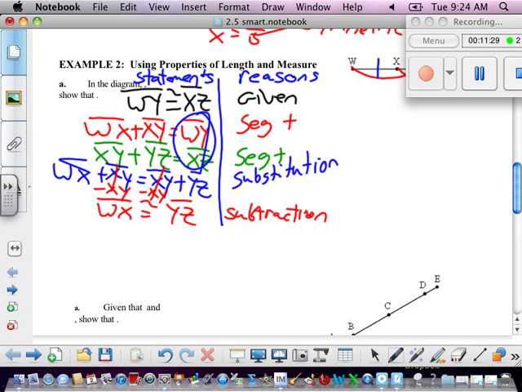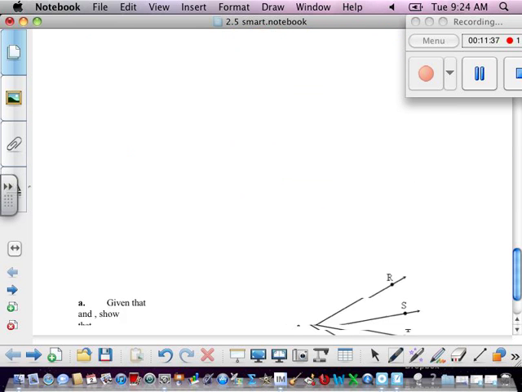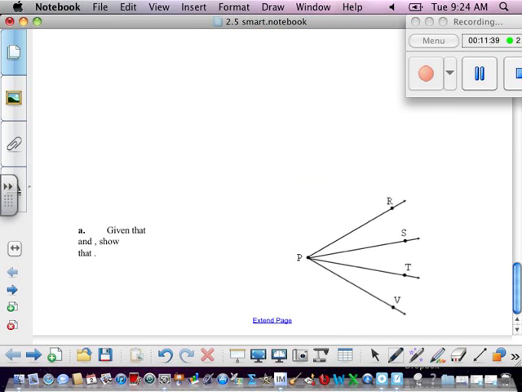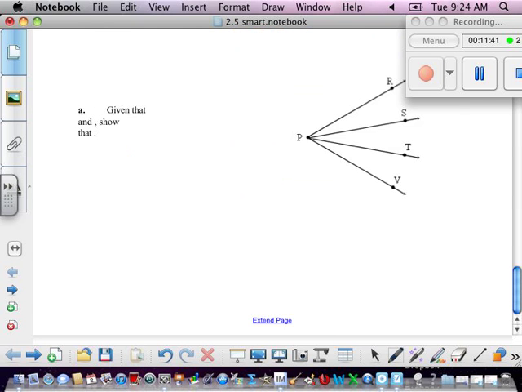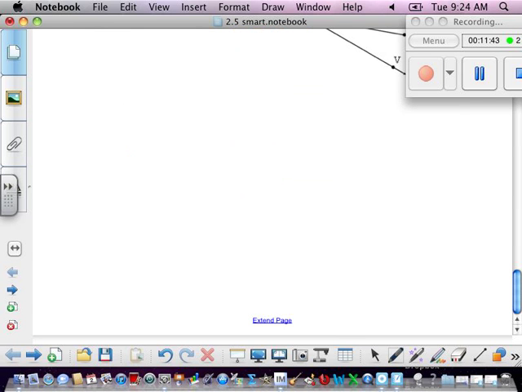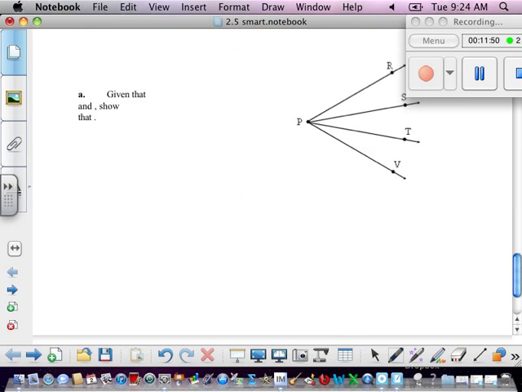All right, I'm going to skip B and C for right now, and I'm going to go all the way to D. So the first thing I'm going to do for D is I'm going to read this given statement and figure out if that will help me.